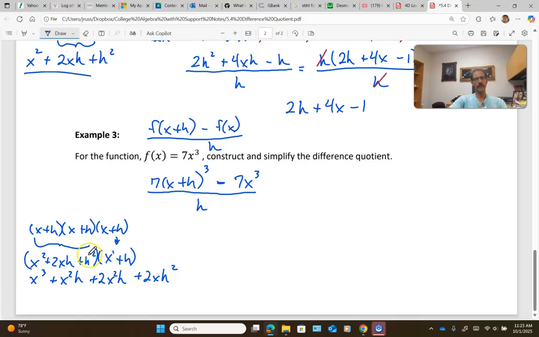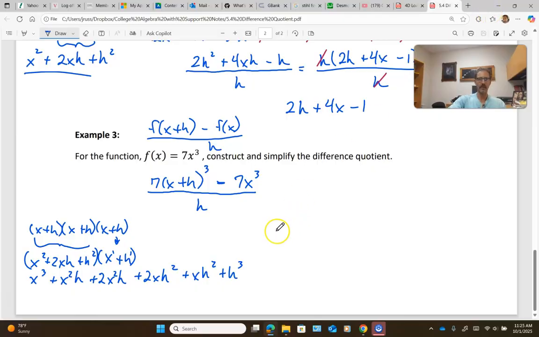And then finally we distribute our h squared. H squared times x, I'm going to write this as xh squared because the order doesn't matter, and it allows me to see that this term will actually combine with this one. And then finally, h squared times h to the first is going to give me h to the third.